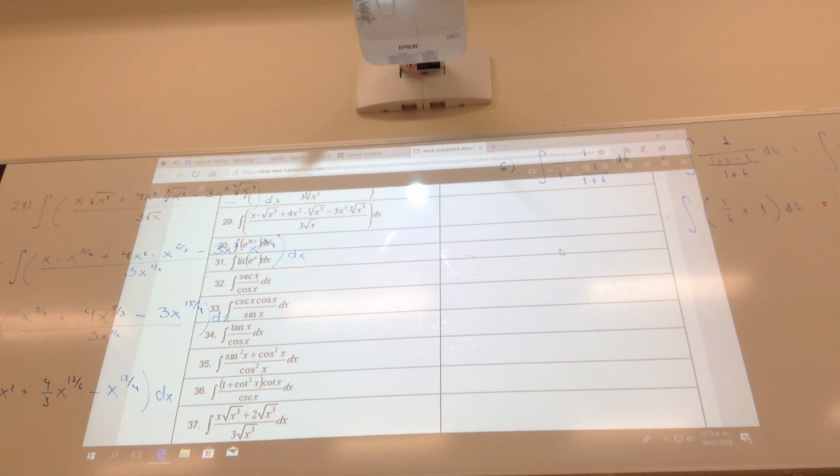Do I need to simplify more or is that it? That's it. I can start with integration.